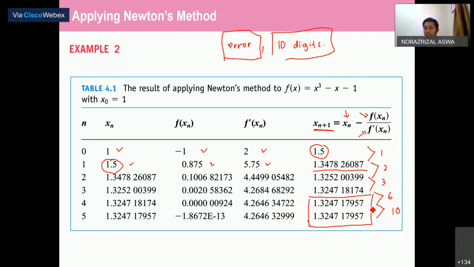If the problem stated 50 digits, you have to compute until you have the same 50 digits in consecutive approximations. So you can go on according to your terminating criterion: on what condition will you terminate your iteration?